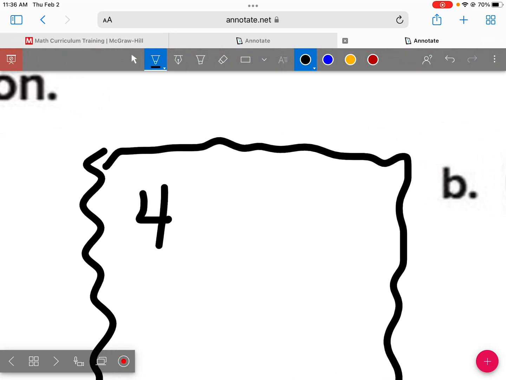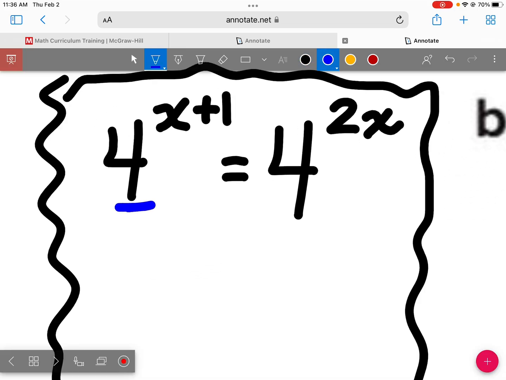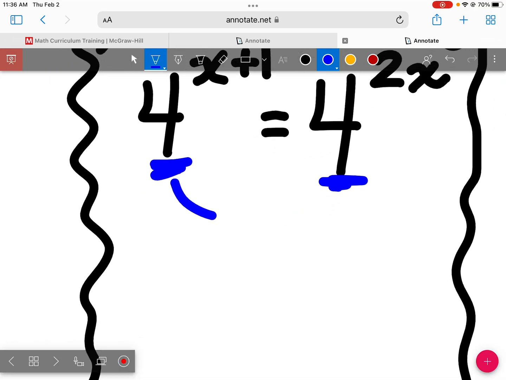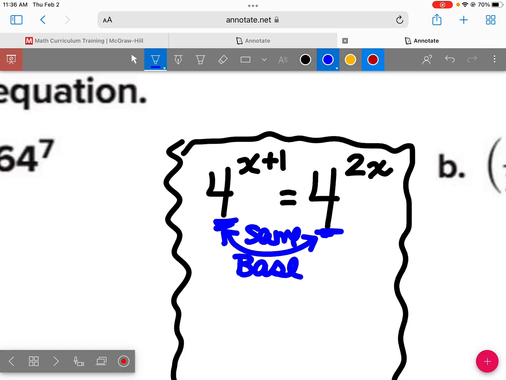If I have 4 to the x plus 1 equals 4 to the 2x, are my bases the same? Yes. These are the same base. So what would have to be true about their exponents then? They should be the same, or they should be equal to each other.